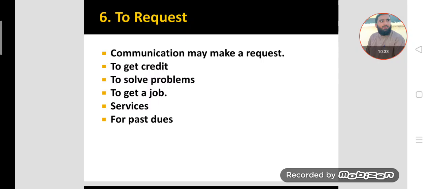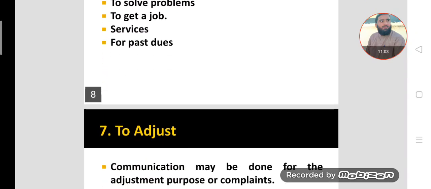Yes, we request when we require some services, then we request to the employees or to the company or to the organization or institution for past dues. Yes, when we have past dues, then we say in very formal way, we are requesting the boss, the upper strata people, okay, for the payment of the past dues.